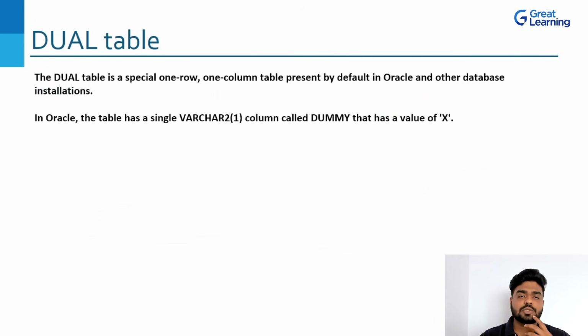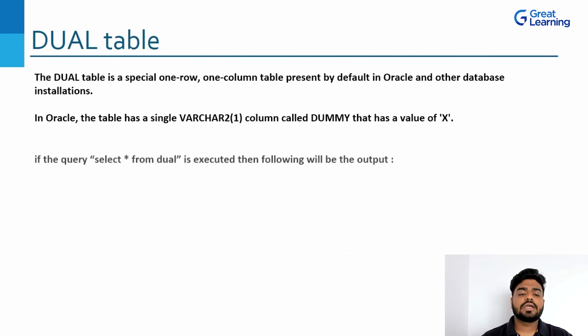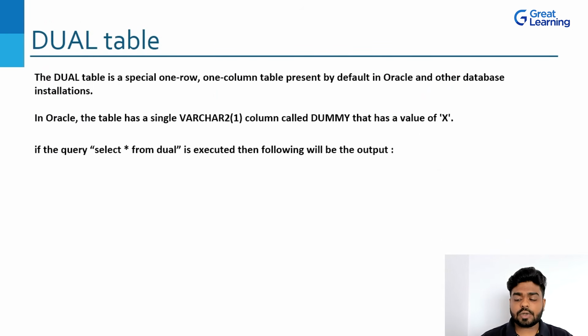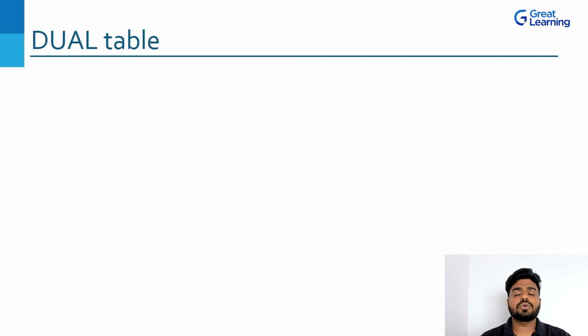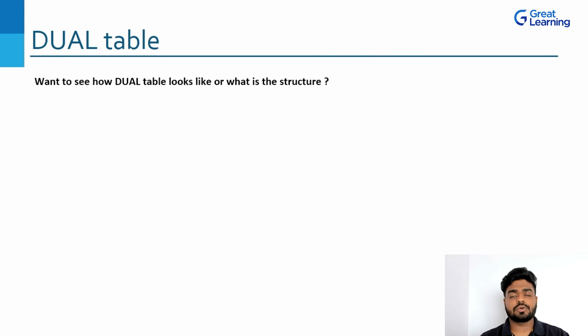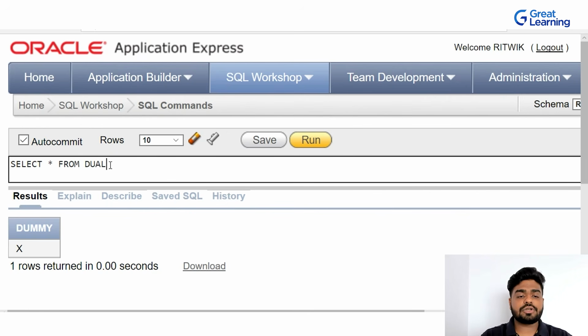Now what does this dual do? Let's understand. Dual is kind of a practice table where you can do whatever you want. So let's say I want to print the system date. We use sysdate, which I've shown you already. Now, if I want to see the description of this dual table, I can just write description dual.